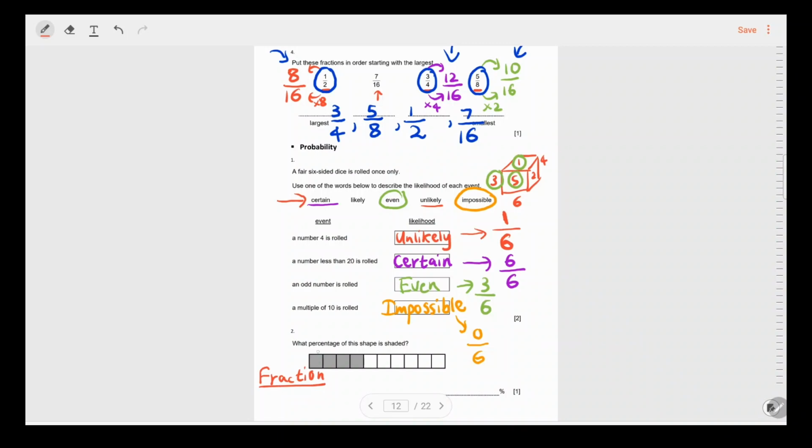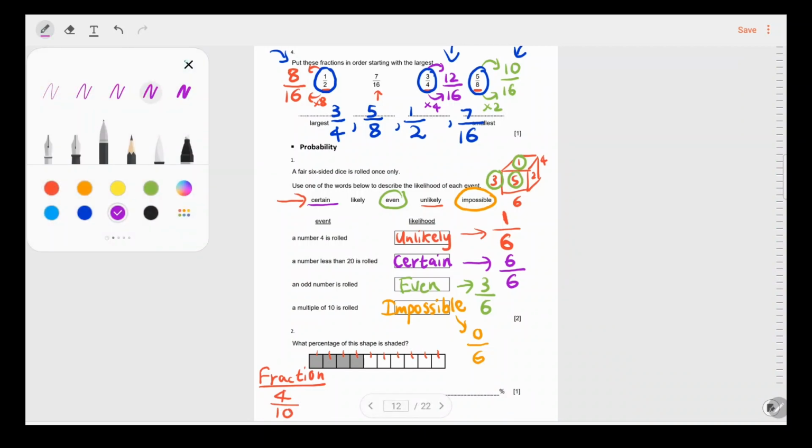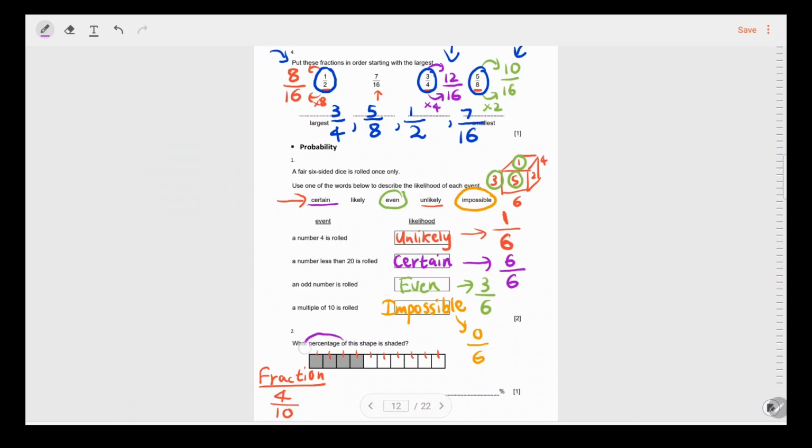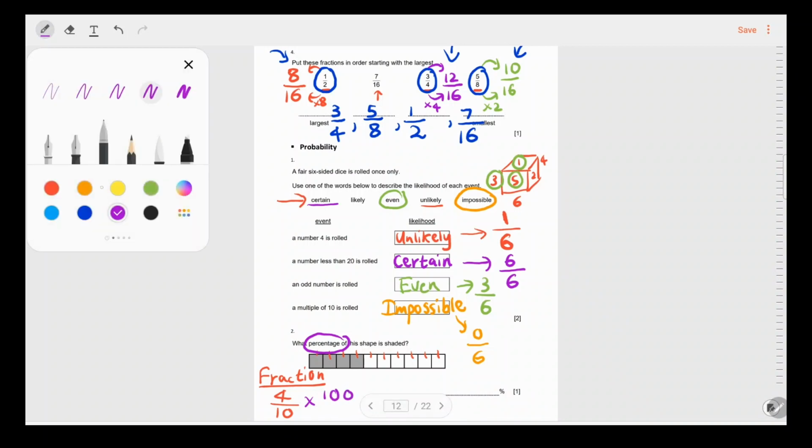So we have 1, 2, 3, 4 that are shaded out of a total of 5, 6, 7, 8, 9, 10. 4 over 10. This is our fraction. And in order to find the percentage, we multiply fractions by 100 to convert it to a percentage.